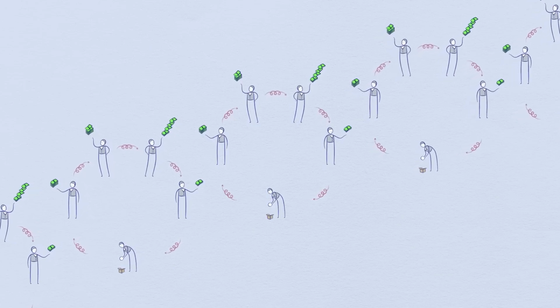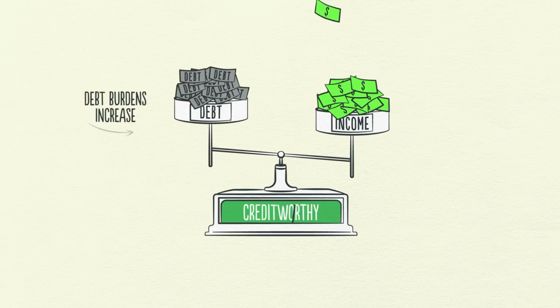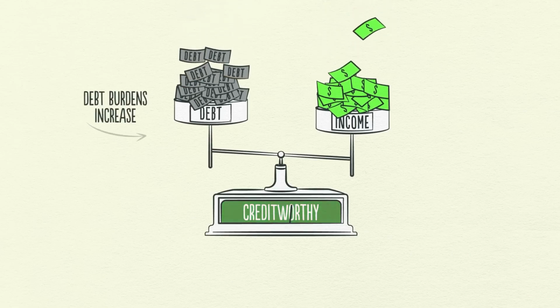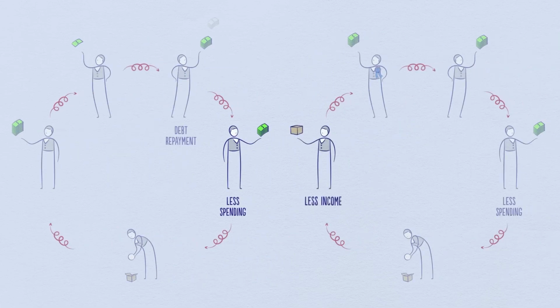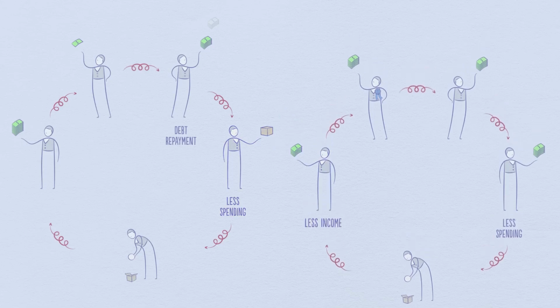And it doesn't. Over decades, debt burdens slowly increase, creating larger and larger debt repayments. At some point, debt repayments start growing faster than incomes, forcing people to cut back on their spending. And since one person's spending is another person's income, incomes begin to go down, which makes people less creditworthy, causing borrowing to go down.